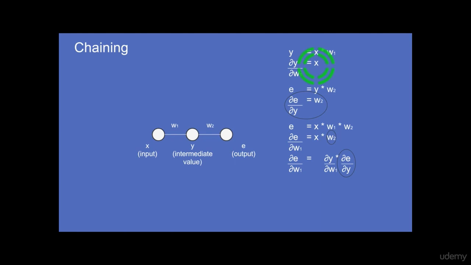So I'm not going to give a calculus lesson here, but what I want to point out is that the derivative of E with respect to the weight is equal to the product of the first two derivatives. Okay?